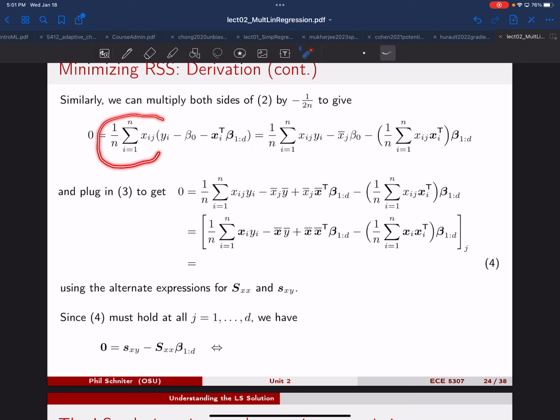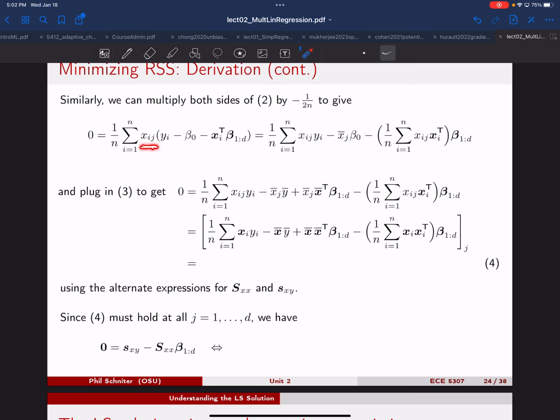We're going to get this first average of xij yi. Then we get an average of xij beta 0. But the averaging is really just on this term, so that's going to be x bar j. To make sense of that, remember all throughout the course, I'm going to be consistent.